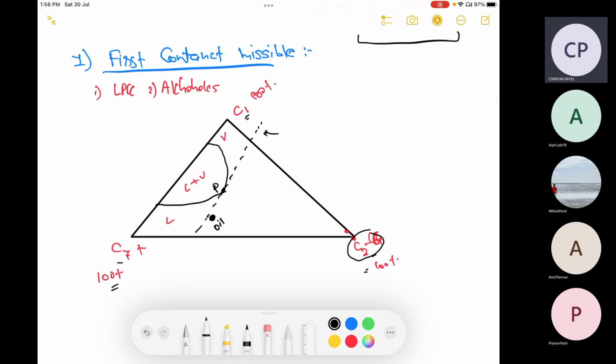Suppose this is my point A; the line may not be exactly like this, since we are considering a very light oil here. Let me take it a little this way: this is point A, where the line intercepts. So this will be miscible directly: once the solvent reaches this oil, you can understand this is a miscible zone, correct?